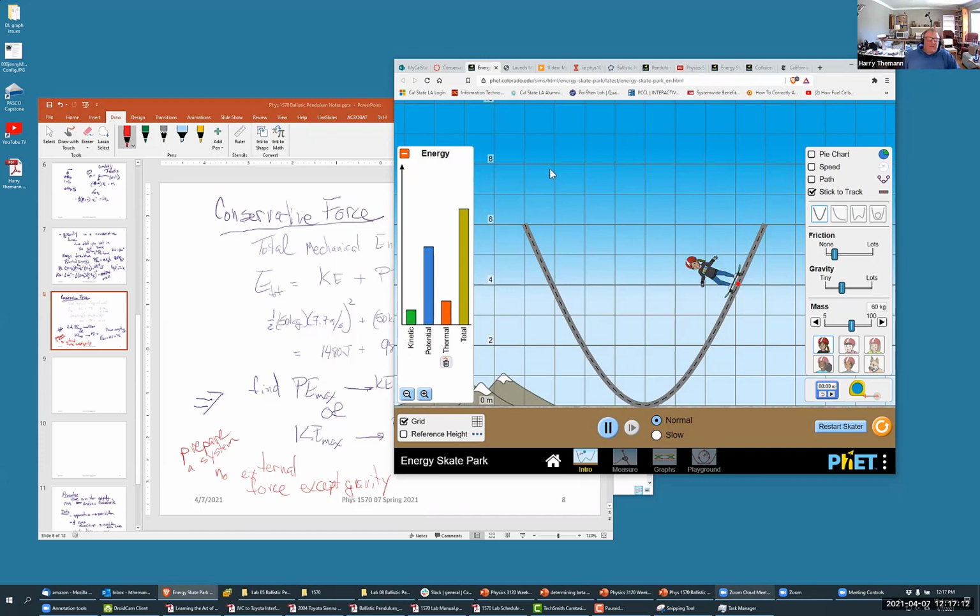This is not the total mechanical energy. This is energy total, because you can't create or destroy it. It just changes form. But when you have a non-conservative force, you notice that eventually, unless she pushes with her foot, she comes to a rest, because the friction is converting the mechanical energy into heat.